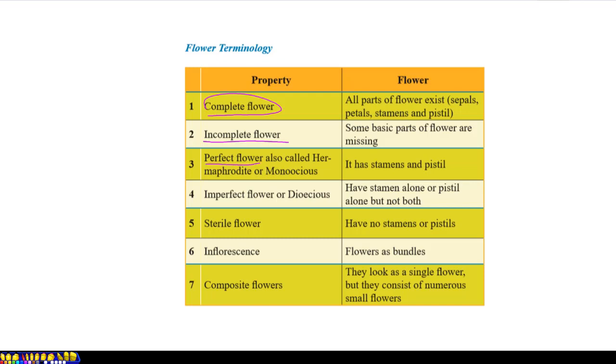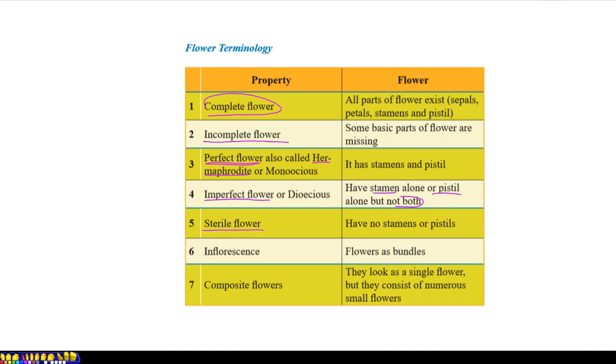Perfect or imperfect concerns only the reproductive organs. If both male and female reproductive organs are found in the same flower, it is a perfect flower, or we may use hermaphrodite or monoecious, which all mean the same. But the imperfect flower has male or female, but not both of them; only one of them is found in the flower, it's imperfect or dioecious.